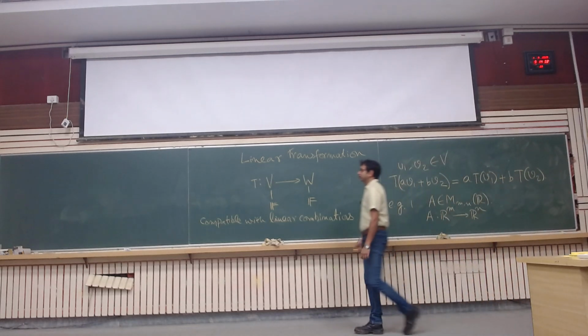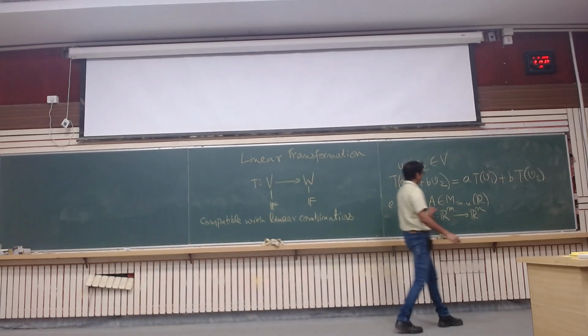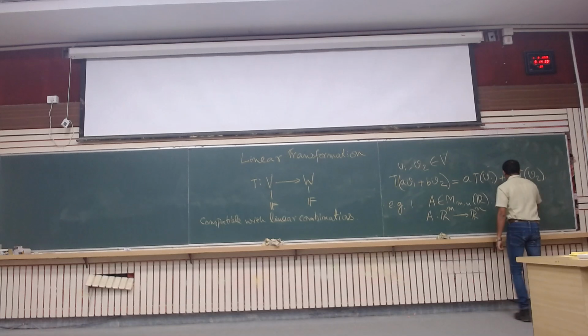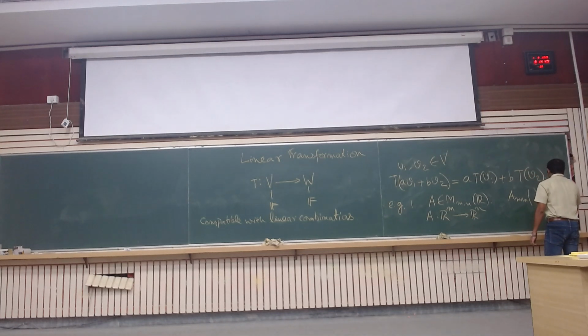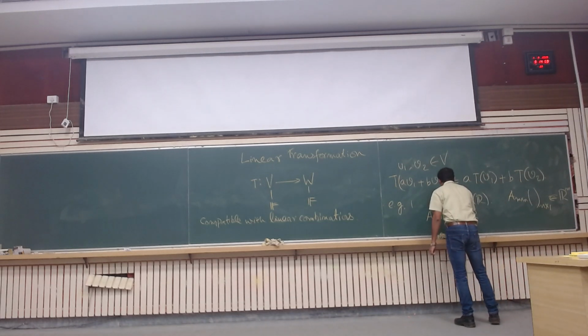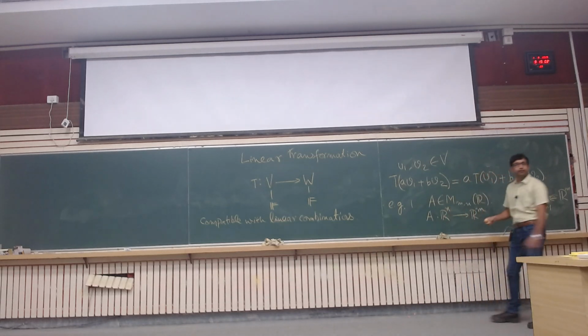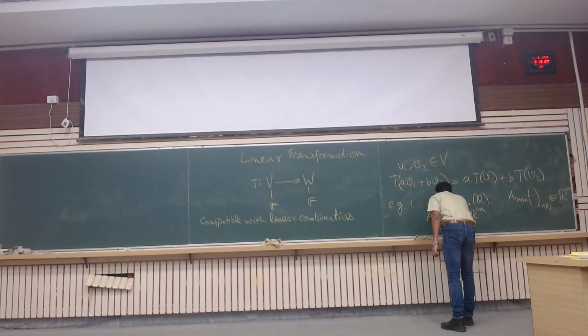Left multiplication by A gives you a map. Wait a minute, this is m cross n, and the product will be something inside R^m, so this is a map from R^n to R^m. That is left multiplication by A.